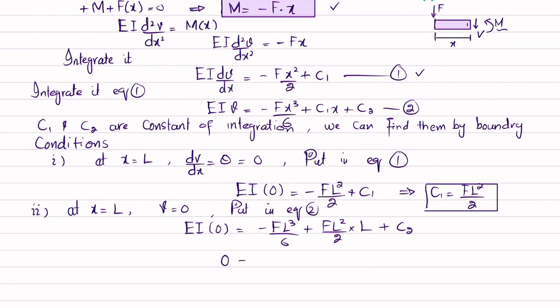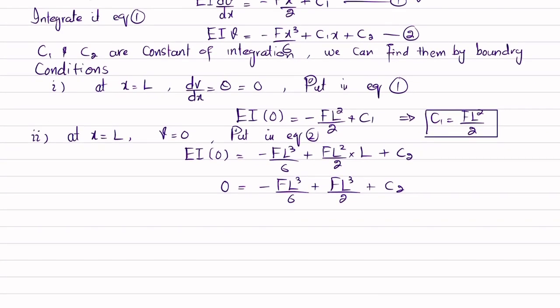So 0 is equal to minus FL cube over 6 plus FL cube over 2 plus c2. Okay, so when you take the LCM, 6 divided by 6 is 1, so minus FL cube plus 3FL cube plus c2 is equal to 0.